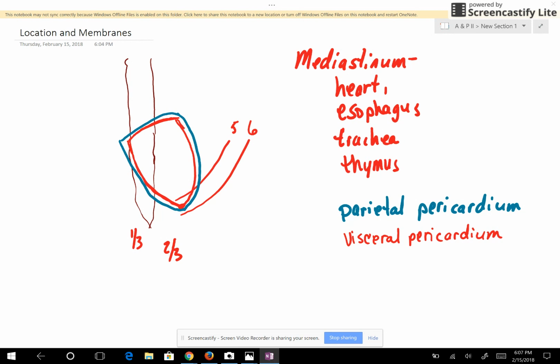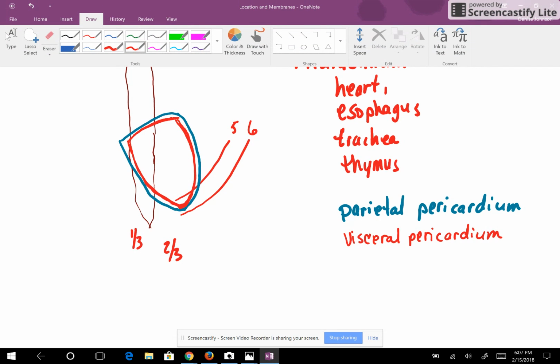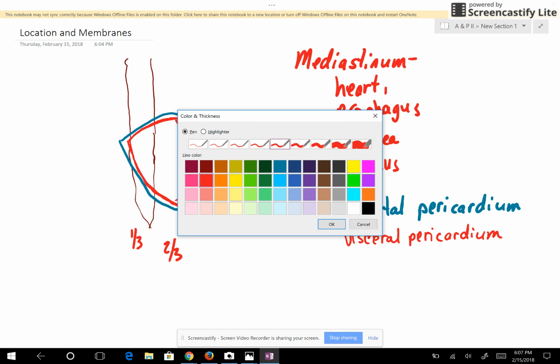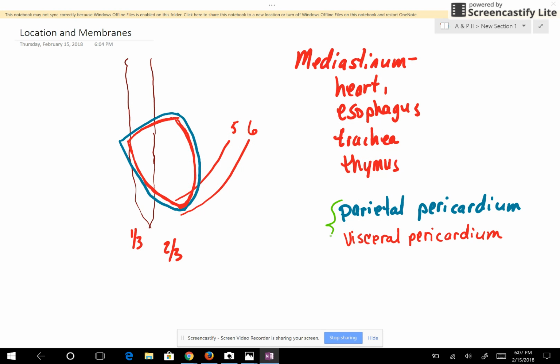Okay, both the parietal pericardium and the visceral pericardium are parts of serous membranes. So what do serous membranes secrete? Serous membranes secrete serous fluid. So we're going to put brackets here and say serous membranes. Serous membranes are going to secrete serous fluid.